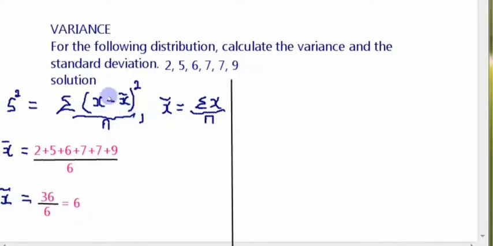The next thing is to go back to the formula. We have x minus x bar. So we use this data one by one to subtract the mean. Let us list all this data.